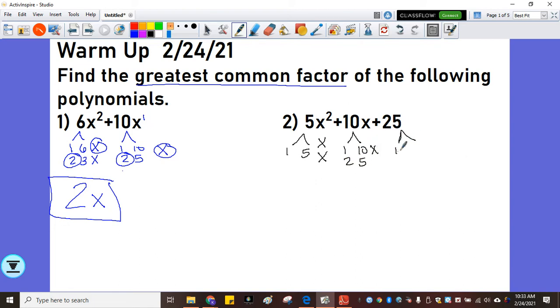And 25 is 1 and 25, 5 and 5. So our greatest common divisor, our biggest number that goes into all of these numbers, 5, 10, and 25.